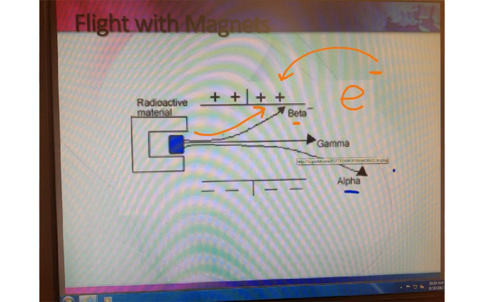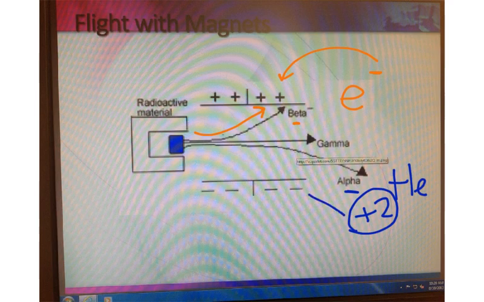The alpha is the helium nucleus. Remember, if it's the helium nucleus, it has two protons, so it has a positive 2 charge. So what would it be attracted to? You're right, a negative. And then you have gamma. So what would it be attracted to? Well, it doesn't have a charge at all if you look at its symbol. So therefore, it's not going to be affected at all by that positive or that negative field.